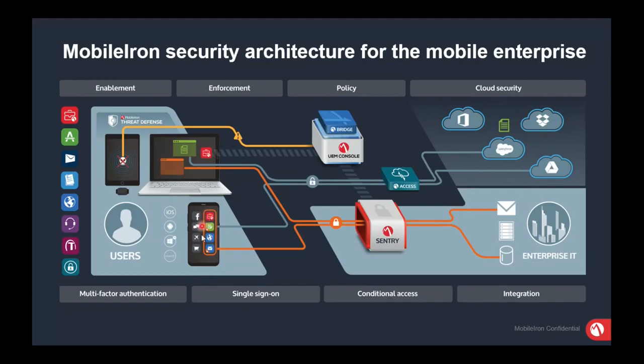Even if a malicious app installed by the user outside the container tries to read data from other apps on the same device, it cannot get anything from the data residing inside the container.